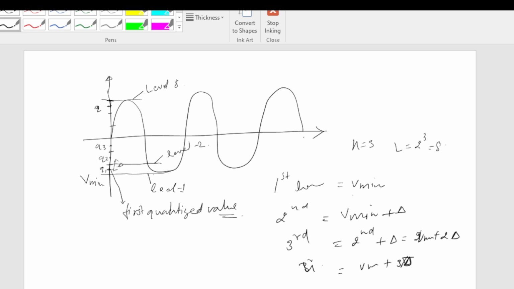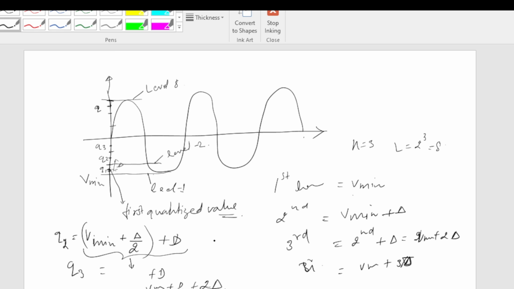Similarly, for the quantization values, here is the first quantized value. You can write Q1 equals Vmin plus delta by 2. If you add delta to the first quantized value, you get the second quantized value. Similarly, for the third quantized value Q3, you add delta again, or you can say Vmin plus delta by 2 plus 2 delta.